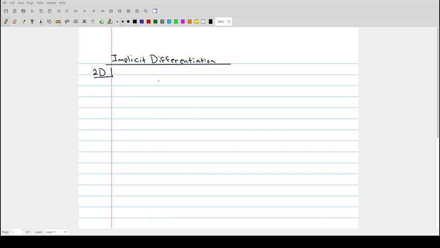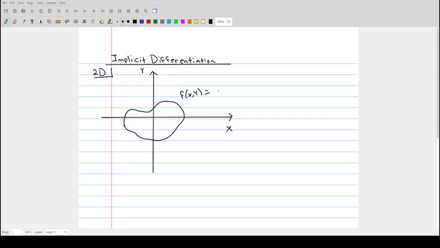So you'll remember that if you have a curve in 2D, in general that curve can be expressed as a level curve of a multivariable function, or a multivariable function set equal to some constant.